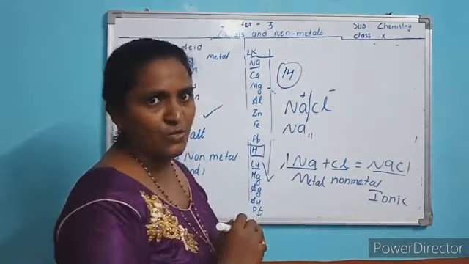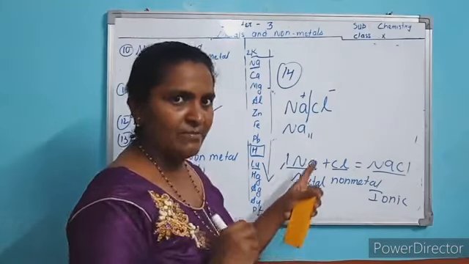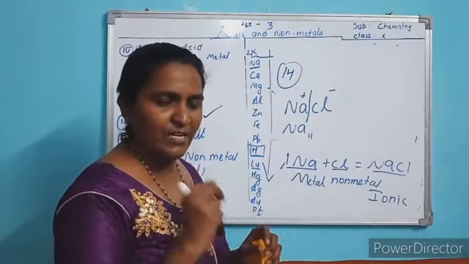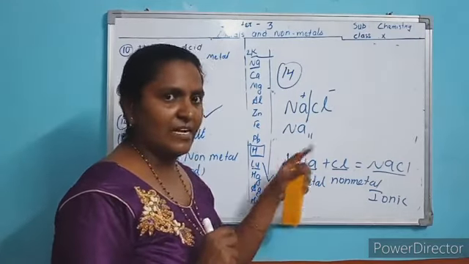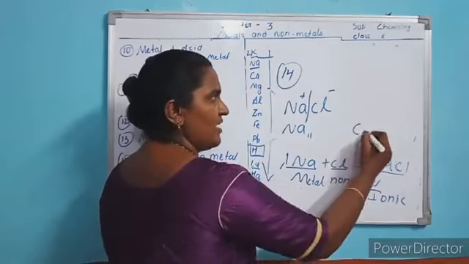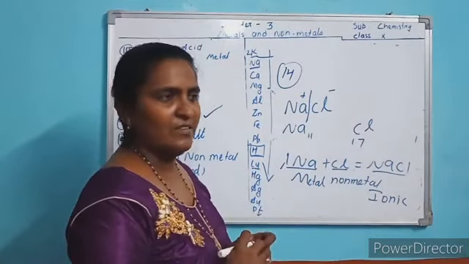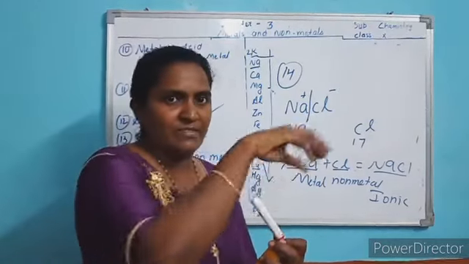That means 11 electrons also. Every neutral atom has a fixed number of electrons. Na has 11 electrons, whereas chlorine has 17 electrons.